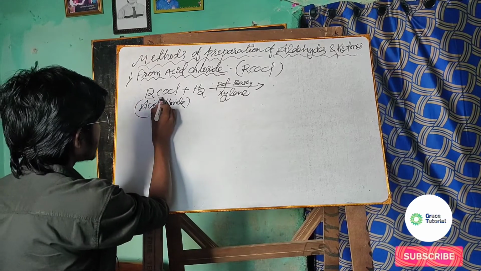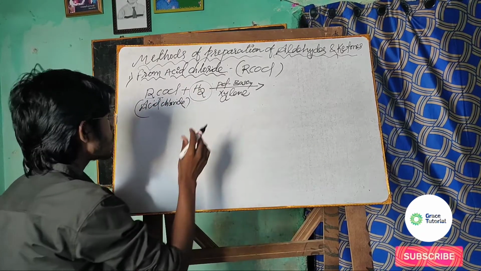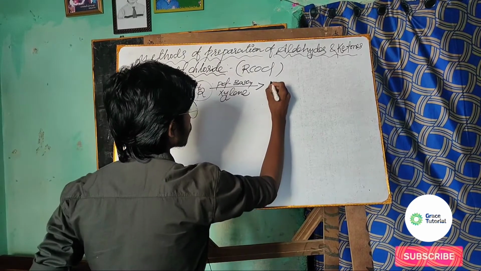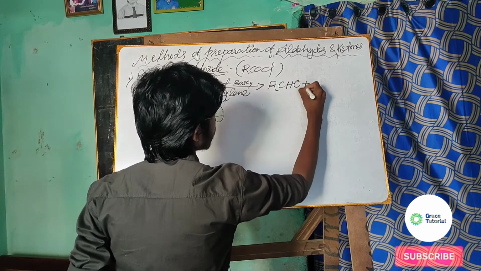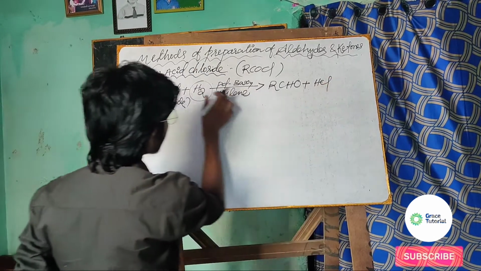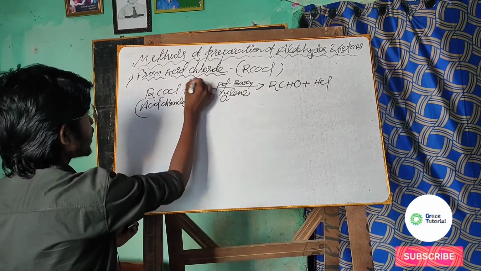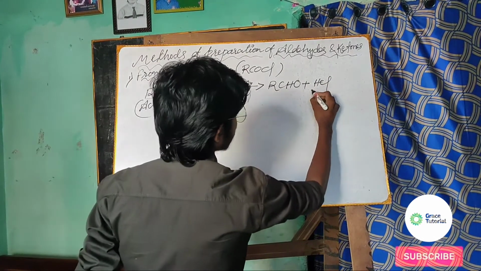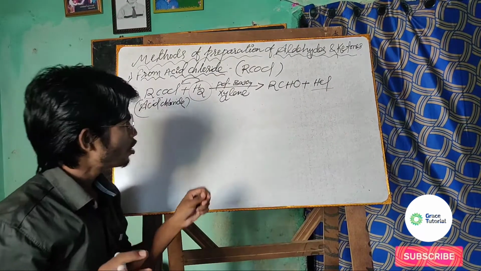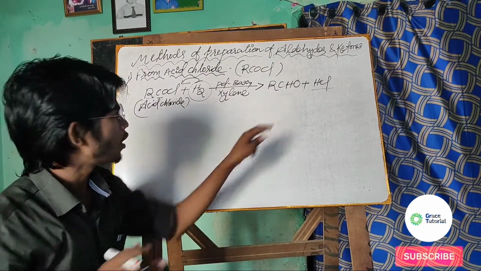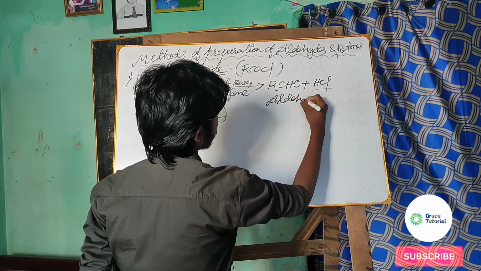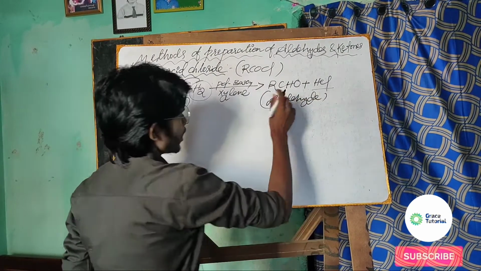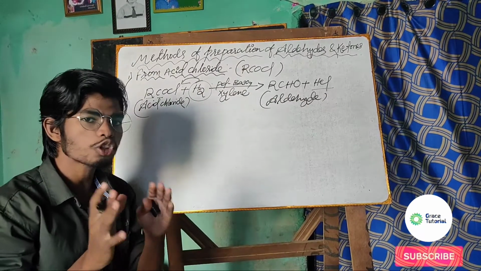RCOCl and H2, the H2 will be broken, and finally it results in RCHO plus HCl. One more hydrogen reacts with Cl, that means HCl is formed. So RCHO is aldehyde. In this way, the aldehyde is formed through this method.